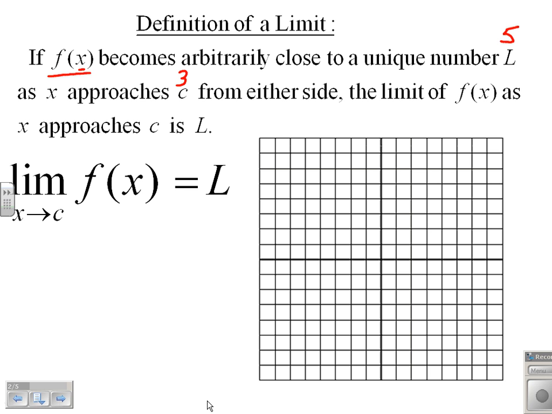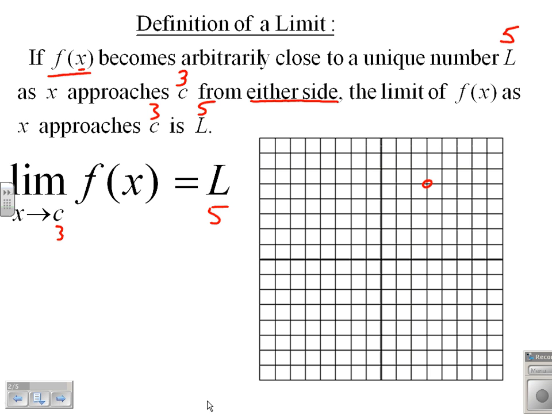If the height becomes close to 5, as x approaches c from both sides, so we're approaching 5 as the height approaches 5 as we move to the right and left toward 3, the limit of f as x approaches 3 is 5, and is written this way: the limit of f of x as x approaches 3 is 5.